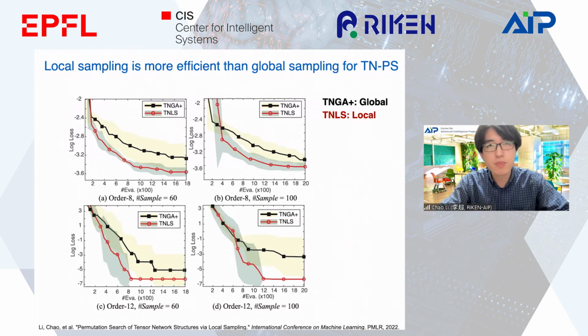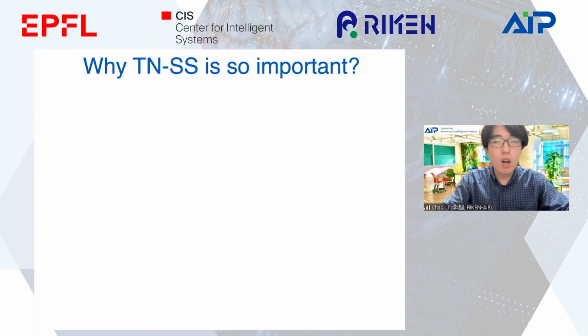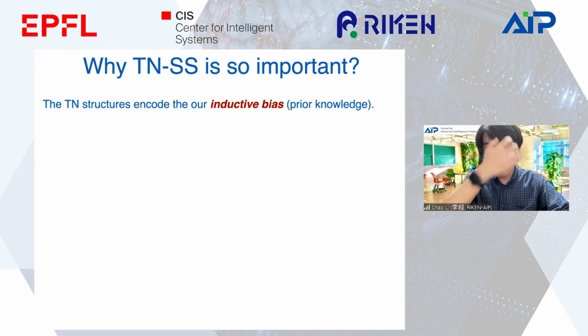Well, at the end of this presentation, let's have a brief discussion about why tensor network structure search is so important. It is because the tensor network structures encode our inductive bias about the learning task.